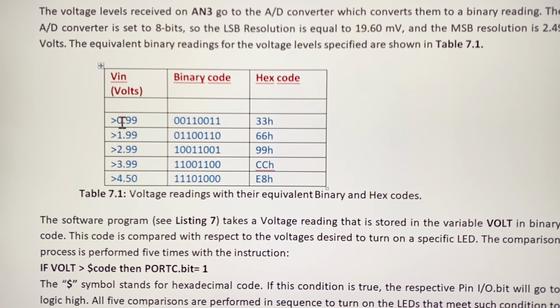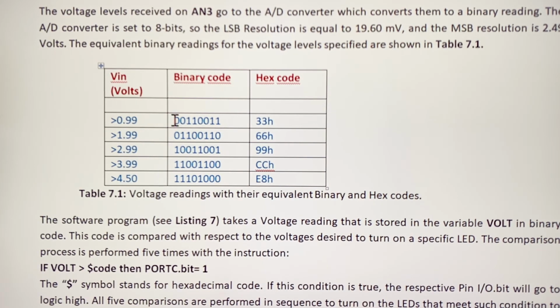So for example, if you want to use 0.5 volt steps of comparison, you can start here with 0.50, 0.99, 1.50, 1.99, 2.49, 2.99, 3.49, 3.99, and so on. And of course, once you have the binary code, then you convert it to the hex code, and you're ready to put it there.